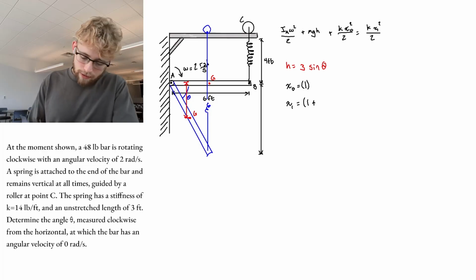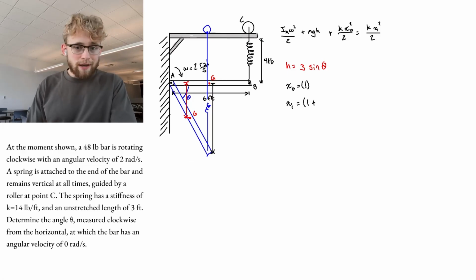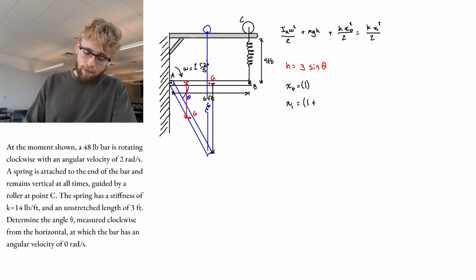Well, if we take that distance right there and we move it over here, you can see that that again is going to be sine theta times the full length of the bar instead of just half the length of the bar, right? So let's add that to the stretch of the spring. And that's going to be 6 sine theta.